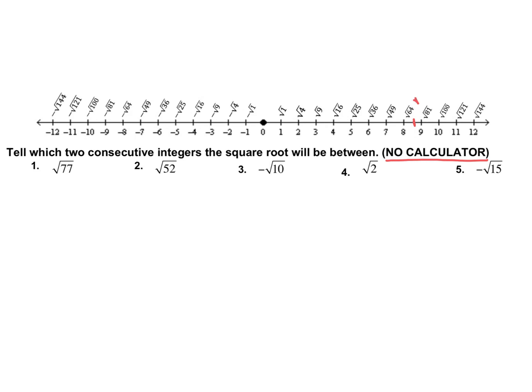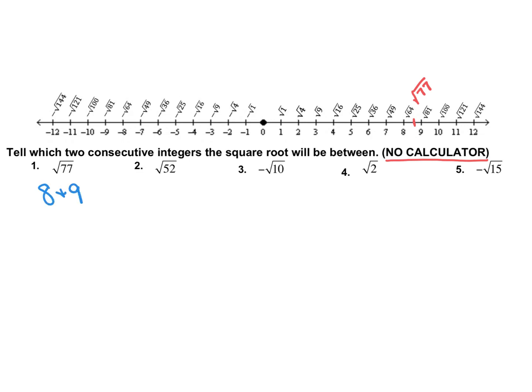The square root of 77 would be between the square root of 64 and the square root of 81. And so if we were asked to say which two consecutive integers it's between, because the square root of 64 is 8 and because the square root of 81 is 9, the two consecutive integers are 8 and 9.